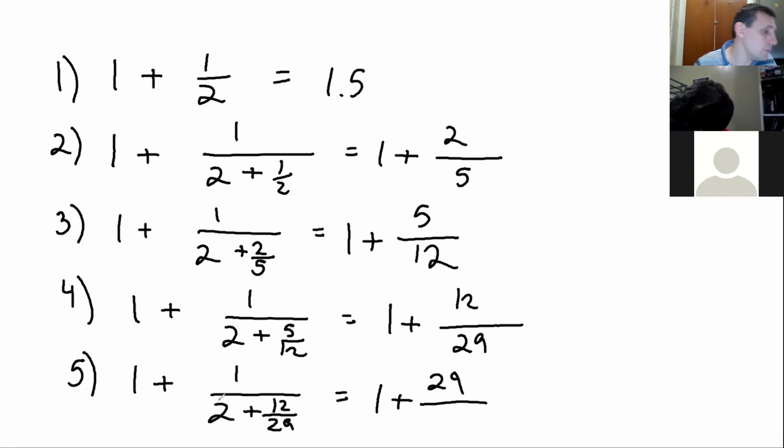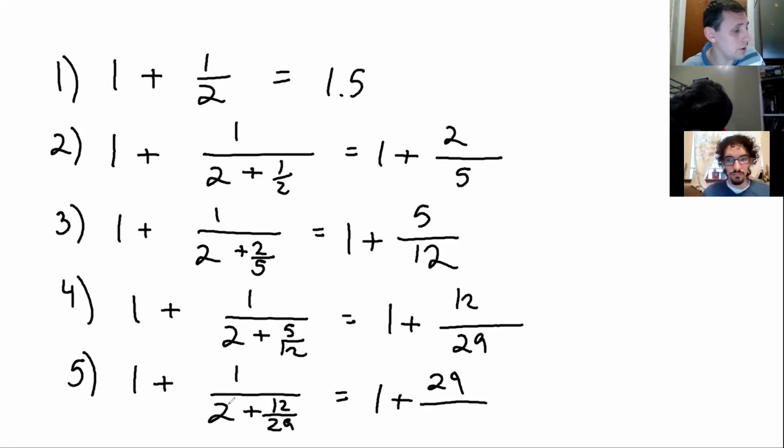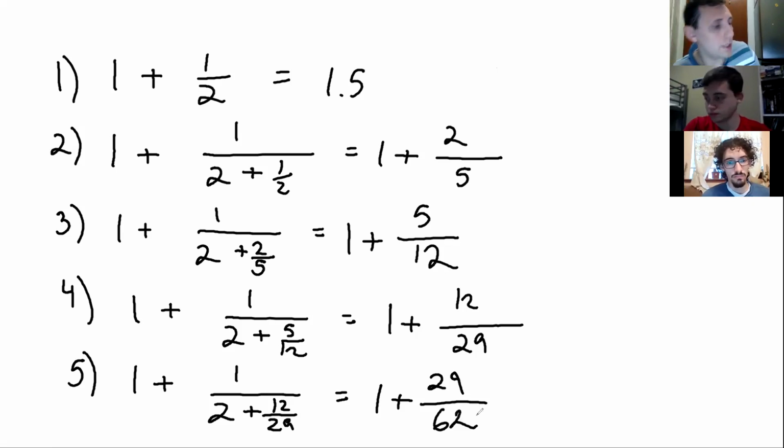The 29 times 2 is 58 plus 12, correct? 58 plus 12. Yes, 58 plus 12 over here. And what do I get? I get 62, correct? Make sure that my algebra is not bad.